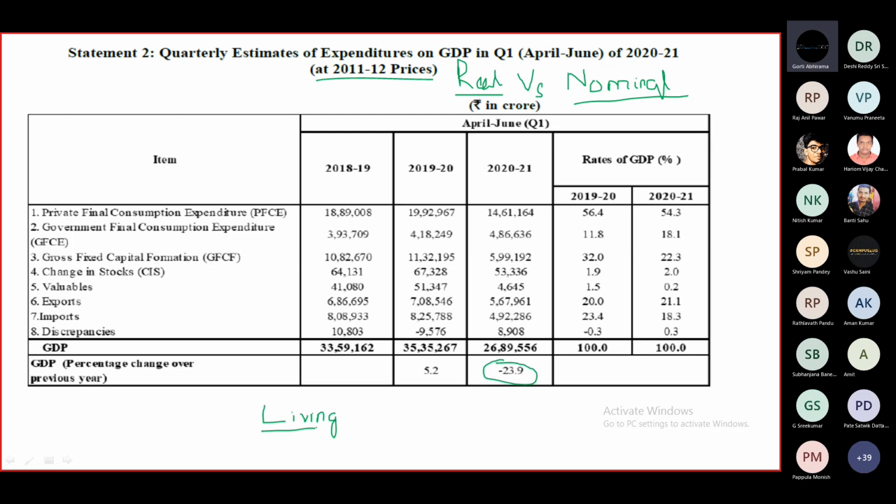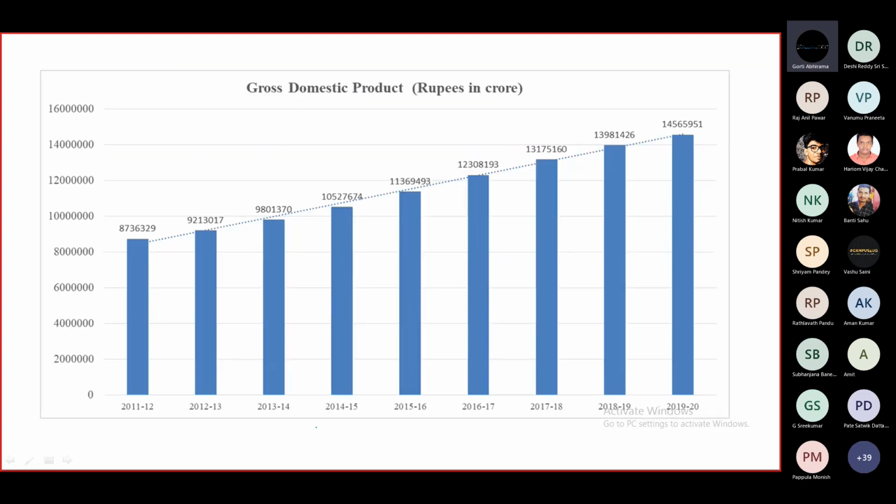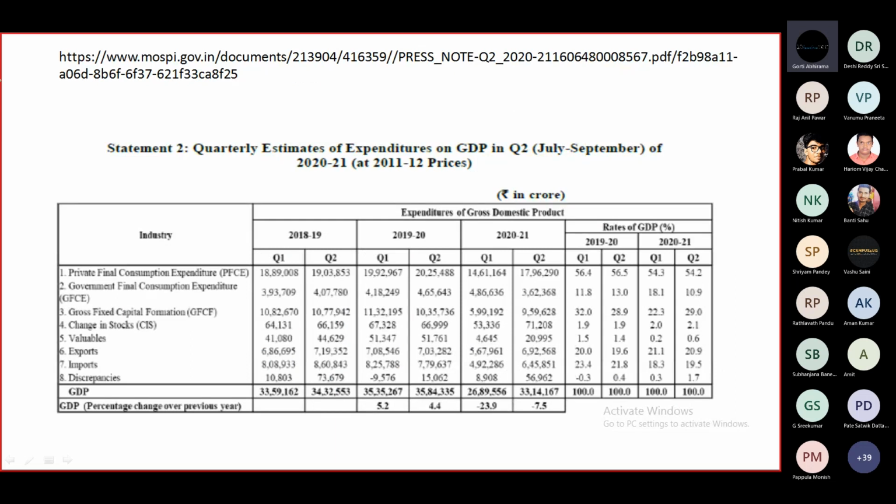So, as I said, these numbers are from MOSPI, and the link for the same is provided here. You are advised to visit this website and look for the recent information about India's GDP and what is the expected progress or contraction of India's GDP.